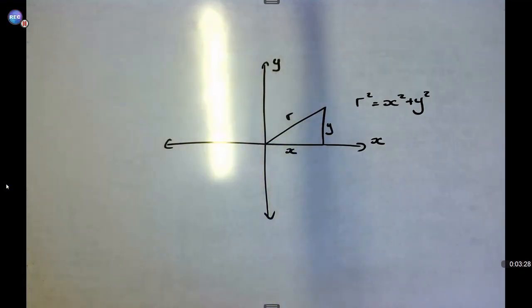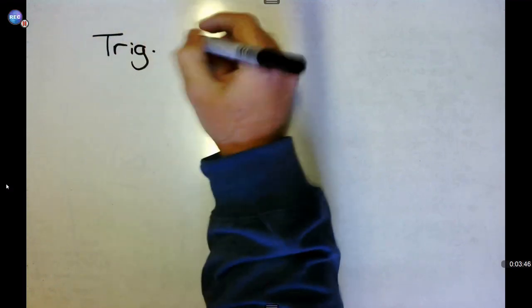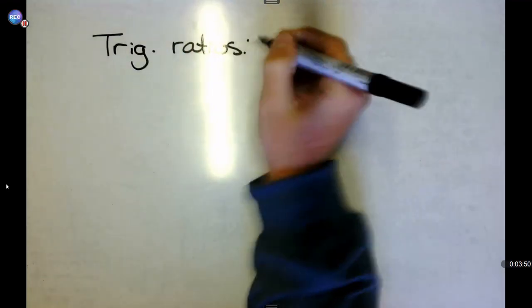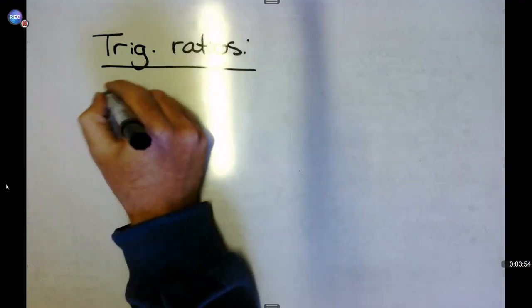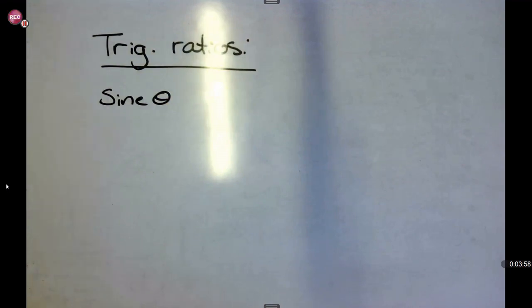Okay, so let me quickly take this out and then write down your functions for you, and then we'll quickly look at a few examples to get you started with trigonometry. So your trig ratios are as follows. So you've got sine, and we're going to put theta in.